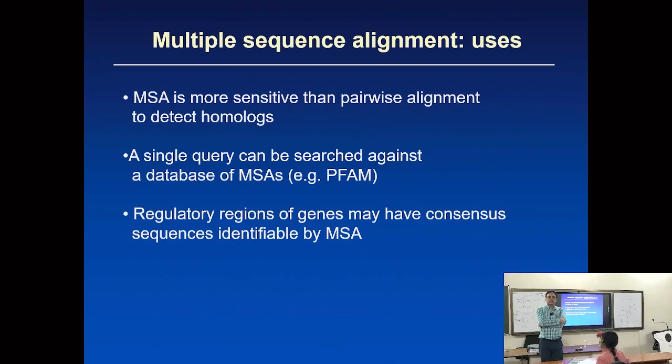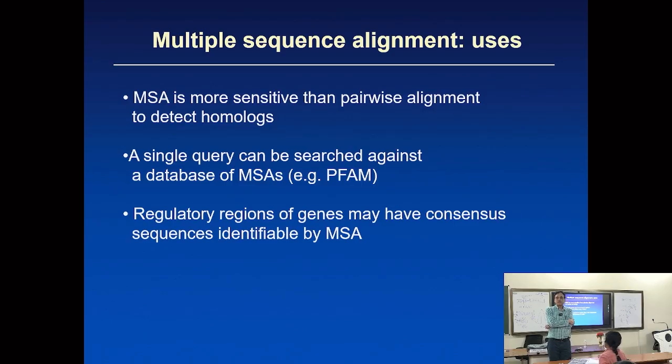So in RPS BLAST, you have a database of position specific scoring matrices representing different protein families. Okay, and then you begin with a query sequence and BLAST against a database of position specific scoring matrices, which are models representing different families.